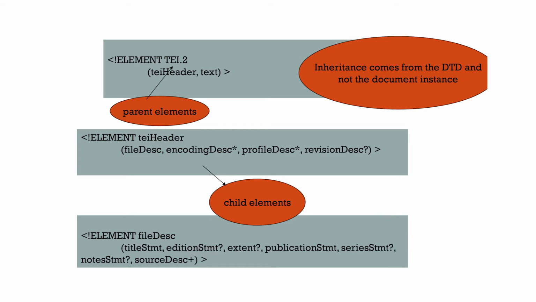So here you can see that inheritance comes from the DTD and not the document instance. So TEI header and text are children of TEI2. TEI2 is the parent, and TEI header and text are sibling elements.